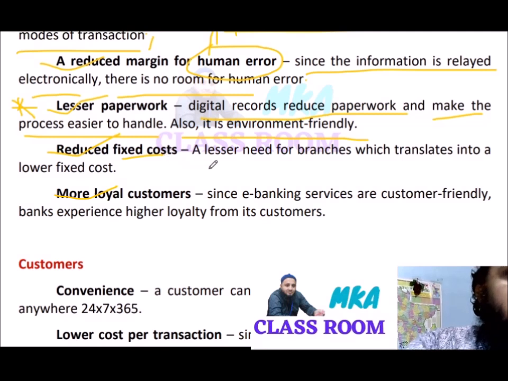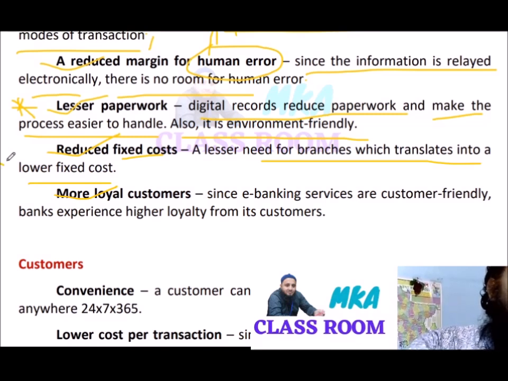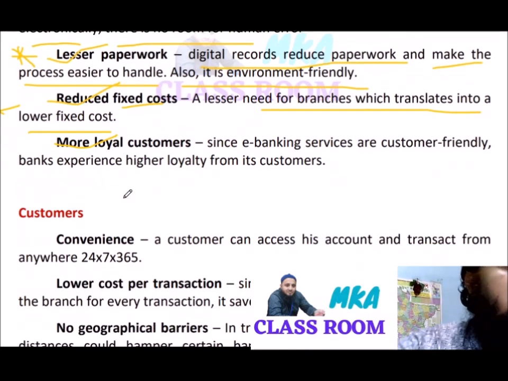Fixed cost: it reduces the fixed cost. There is a lower need for branches, which translates into a lower fixed cost. So electronic banking also reduces the fixed cost, because it does not need too many branches everywhere for transactions.